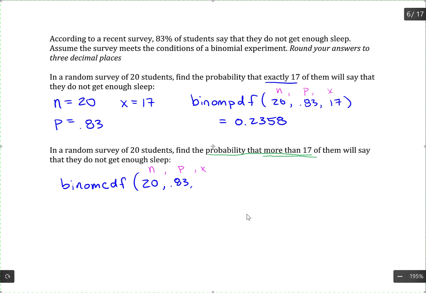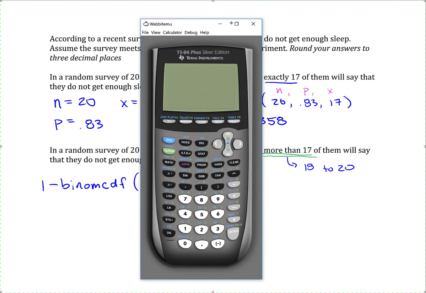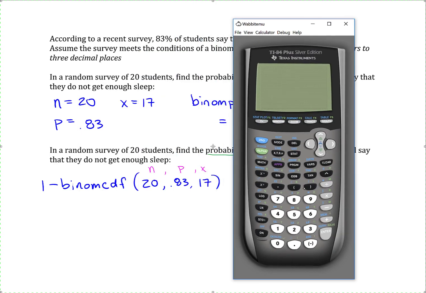We can think of them like that. But all the binomial probabilities up to 17. And then if I take the complement of that, that's going to give me instead the sum going from 18 to the maximum. And that's what I want, because if I want more than 17, I want 18 to 20. Okay, so let's try this out.